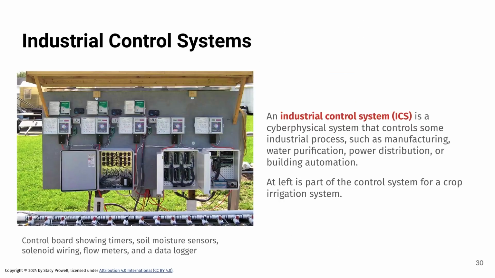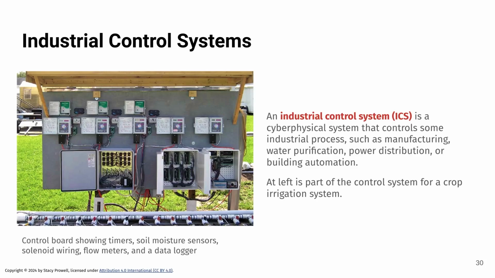An industrial control system, ICS, is a cyber-physical system that controls an industrial process. And that could be any industrial process, manufacturing, power distribution, could be keeping the lights on in a building. The example over here at the left is part of a control system for a crop irrigation.